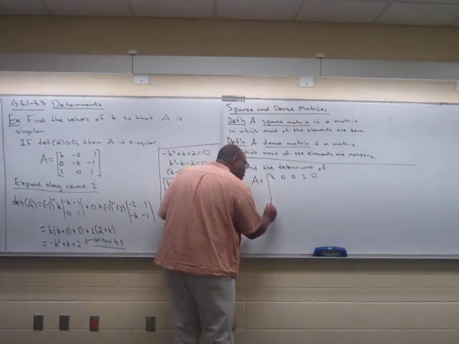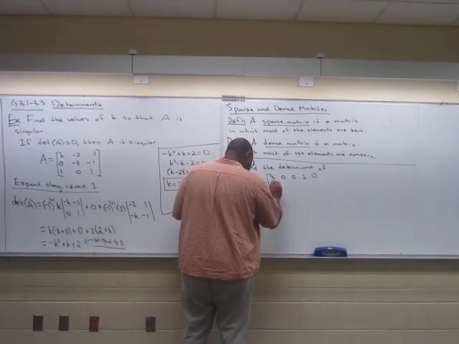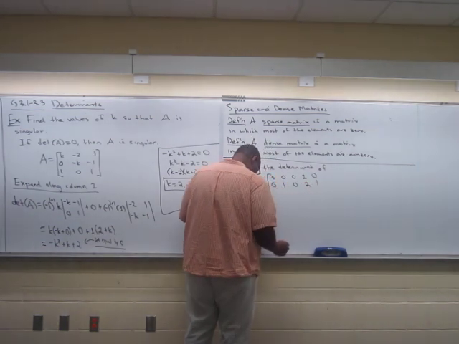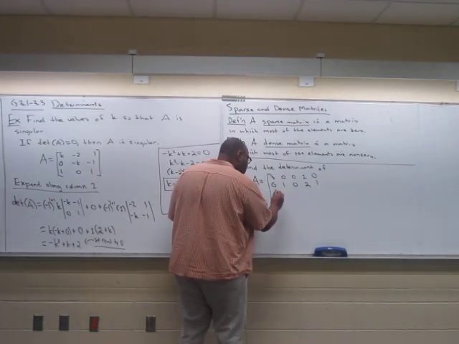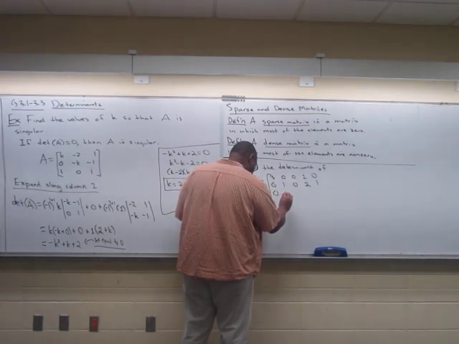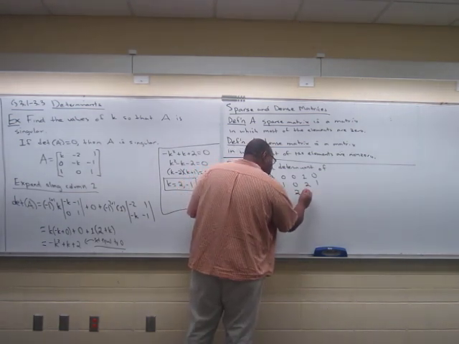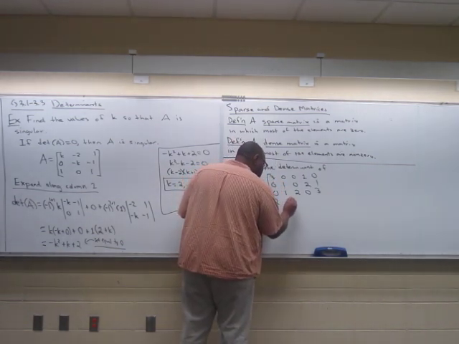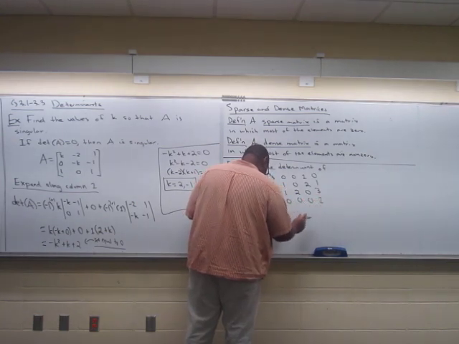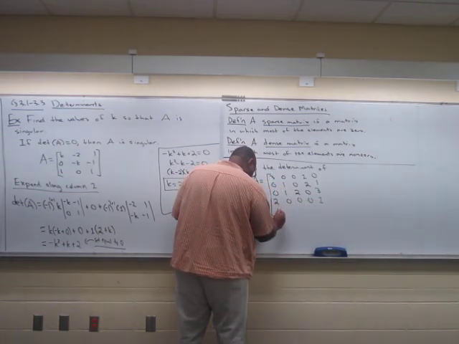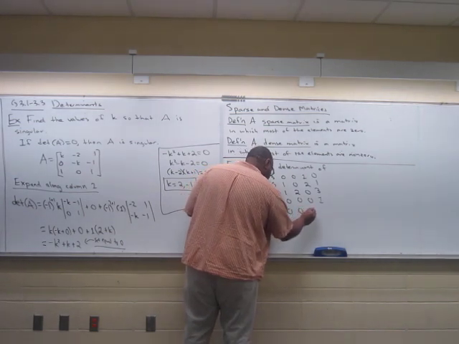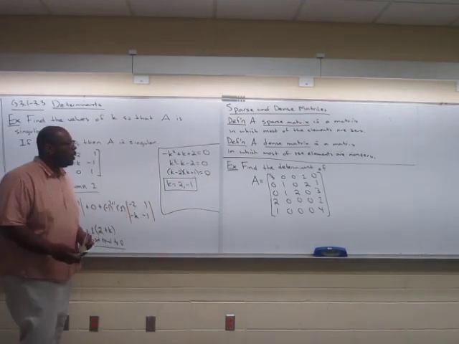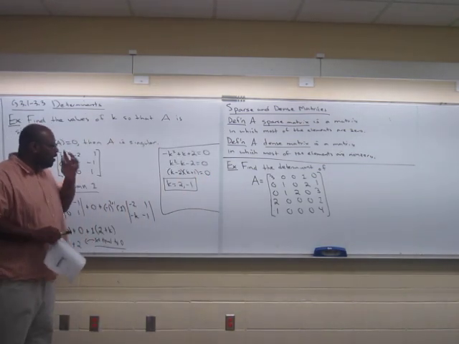I think I need more rows here. Next row is 0, 1, 0, 2, 1. The next row I have 0, 1, 2, 0, 3. Next row I have 2, 0, 0, 0, 1. And the last row I have is 1, 0, 0, 0, 4. So 5 by 5, so it's 25 entries overall.